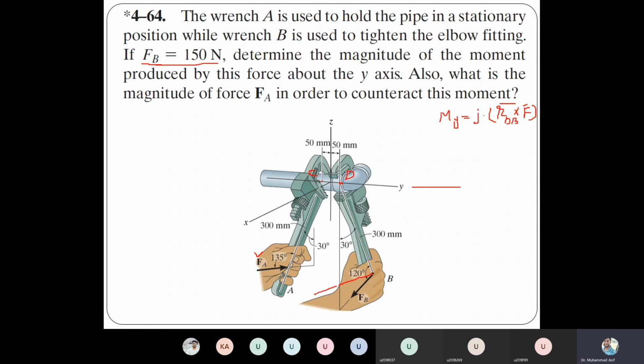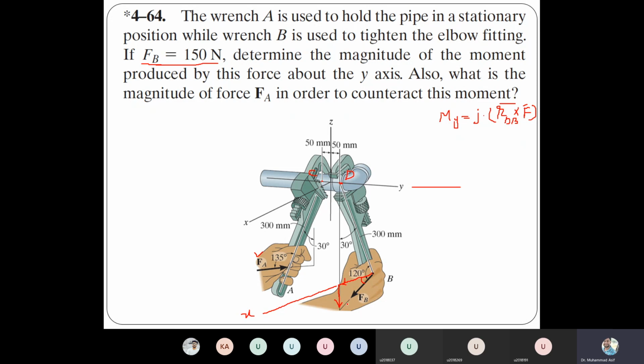So this force will have two components. One is this component, and one is along the x-axis. And what is the component? That means we need this angle first.